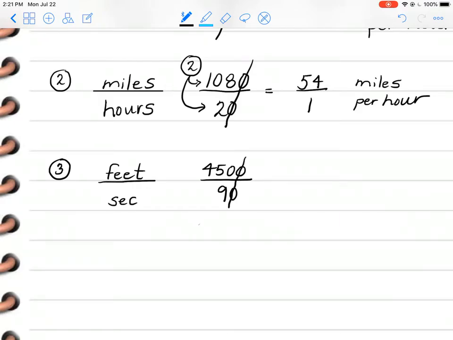So I can take off a 0 and divide top and bottom by 9. And we're looking at 50 feet per second. This is quite fast. You're talking about a sixth of a football field in 1 second. So something is moving quickly.